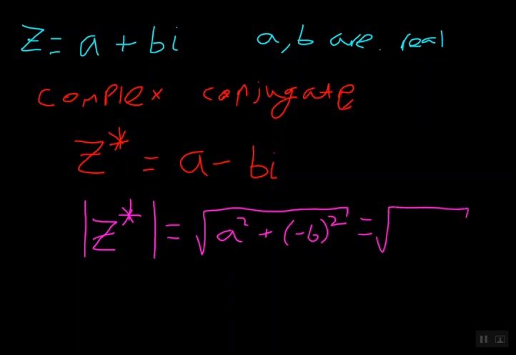So this is the root of a squared plus b squared, and this is the magnitude, the absolute value of z. So a complex number and its complex conjugate have the same absolute value. That's one important thing. Next, I'm going to erase this, hopefully you have it down.